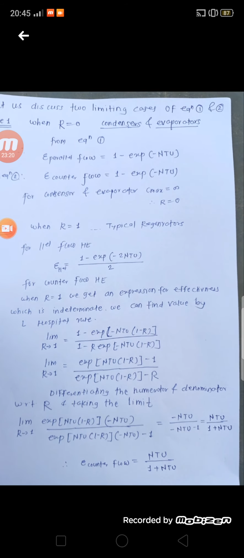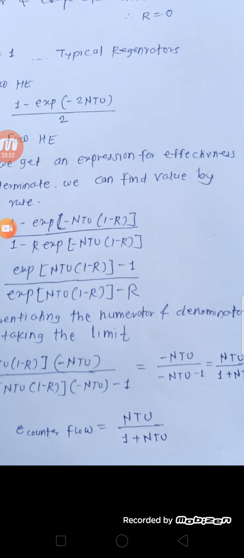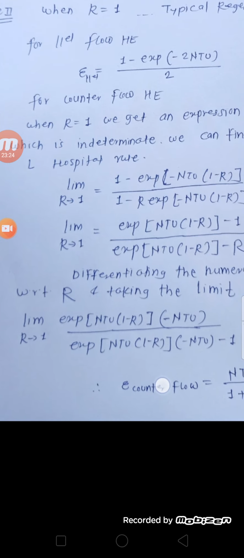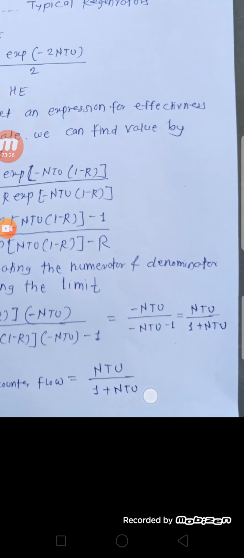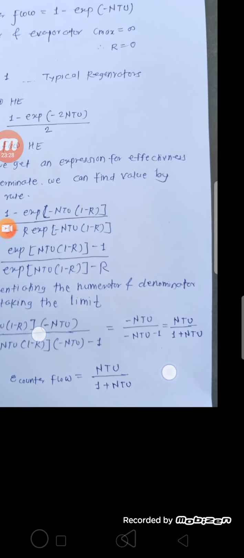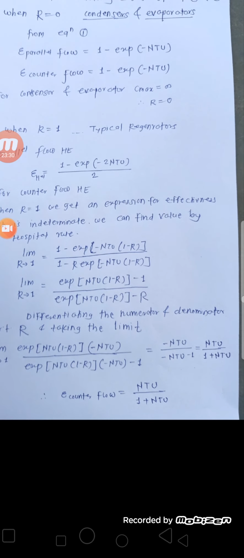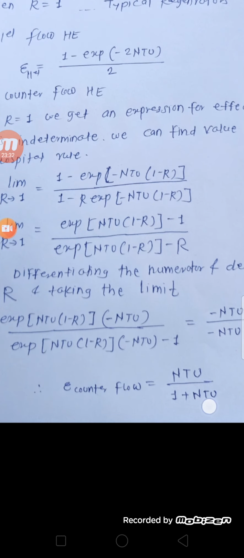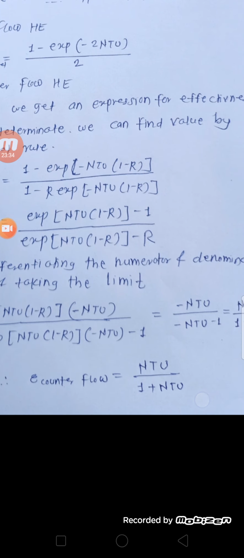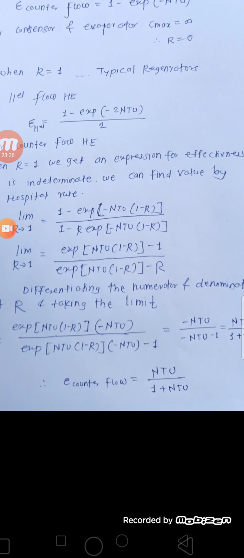What is remaining? NTU upon 1 plus NTU. By using this formula, we calculate the effectiveness of the counter flow heat exchanger, that is NTU divided by 1 plus NTU.